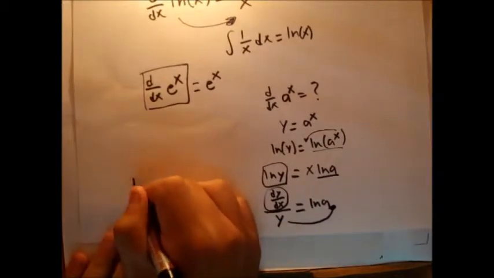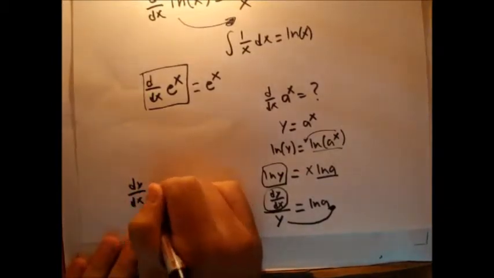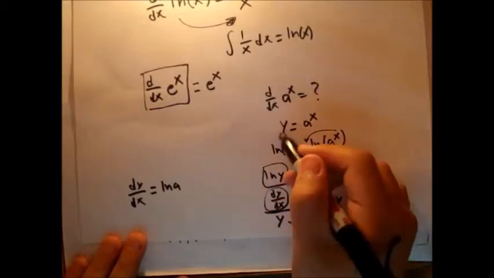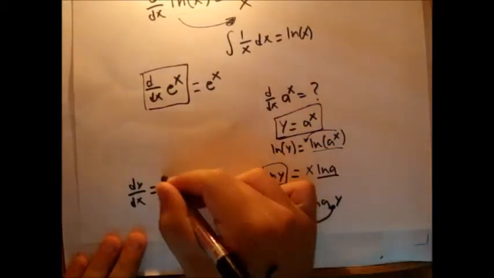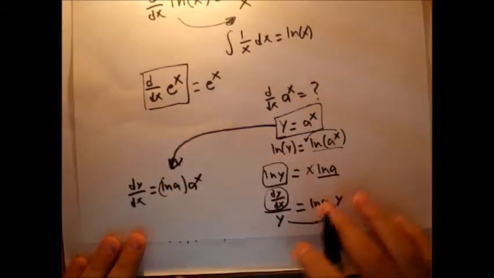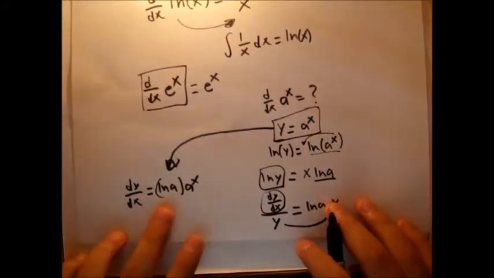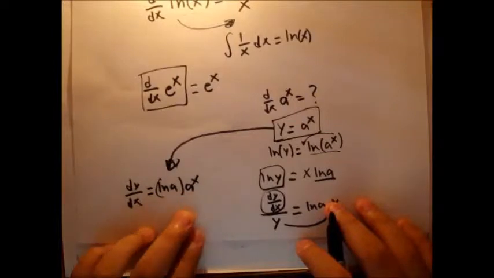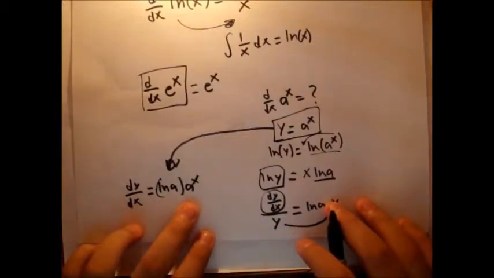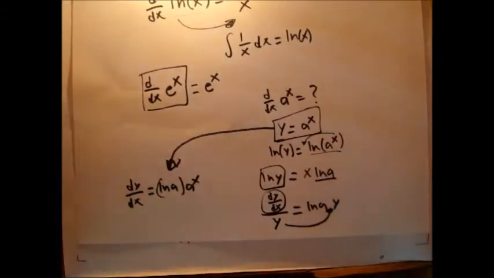We're left with dy/dx equals ln a times whatever y was. y in this case was a to the x. That's just a to the x. So, the derivative of a to the x is just ln a times a to the x. In other words, the natural log of whatever that base was times the original exponential. So, that is the first step that we've done, and now let's actually continue to the log form.